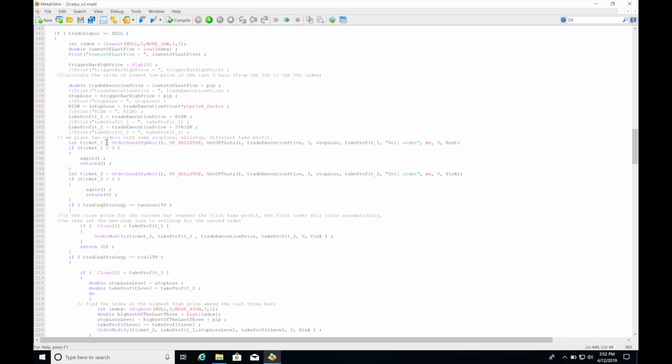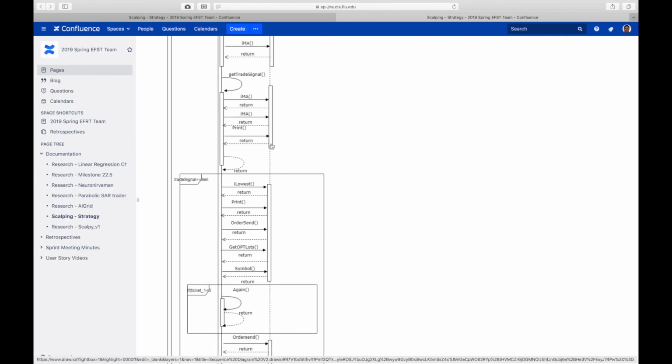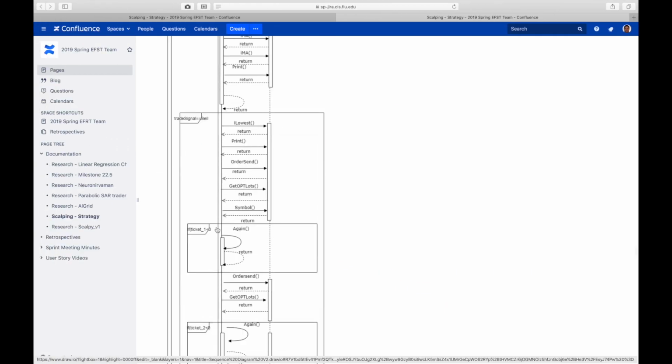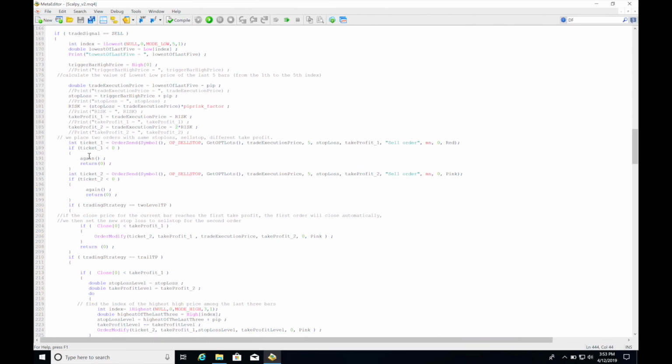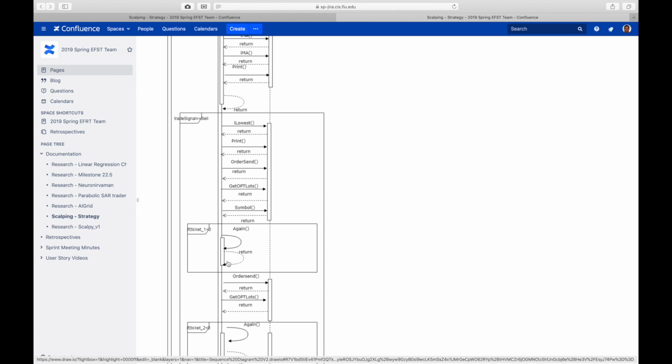So upon returning, we'll get the value of the order return value into ticket 1 as seen here. So next we calculate if ticket 1 is less than 0, then we'll try again as we noticed before, and then we'll return.